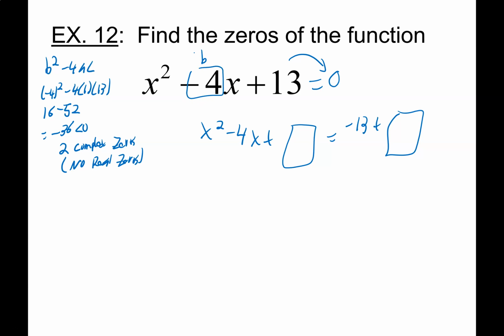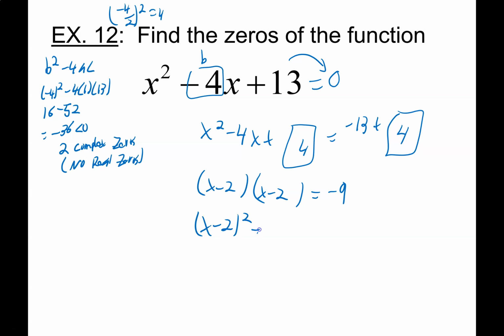I take my b term and divide it by 2, so I have negative 4 over 2. Squared, that's 2 squared, that's 4. This will factor as x minus 2, x minus 2. Negative 13 plus 4 is negative 9. That gives me x minus 2 squared is negative 9.